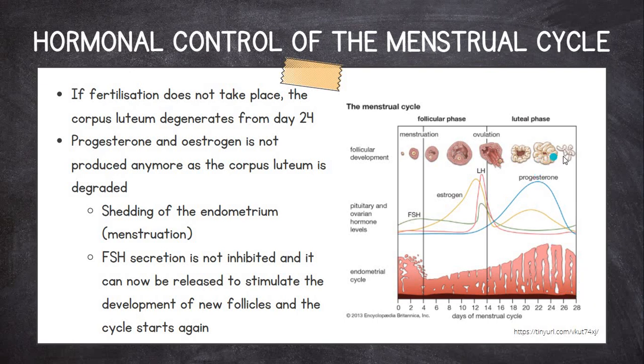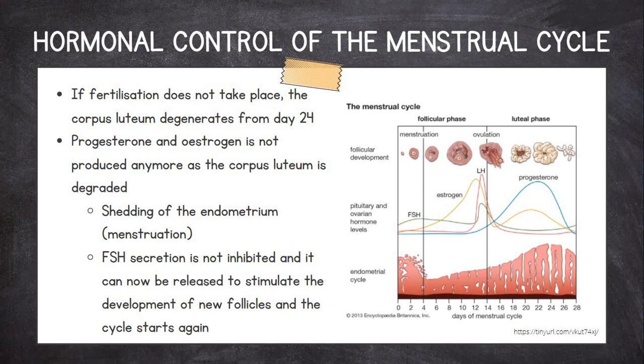So there you can see it starts to degenerate from here, day 24. And progesterone and estrogen are not produced anymore as the corpus luteum is degenerated. Okay? So here you can see as that degeneration occurs, the levels of progesterone and estrogen, the yellow and the blue lines, they decrease.